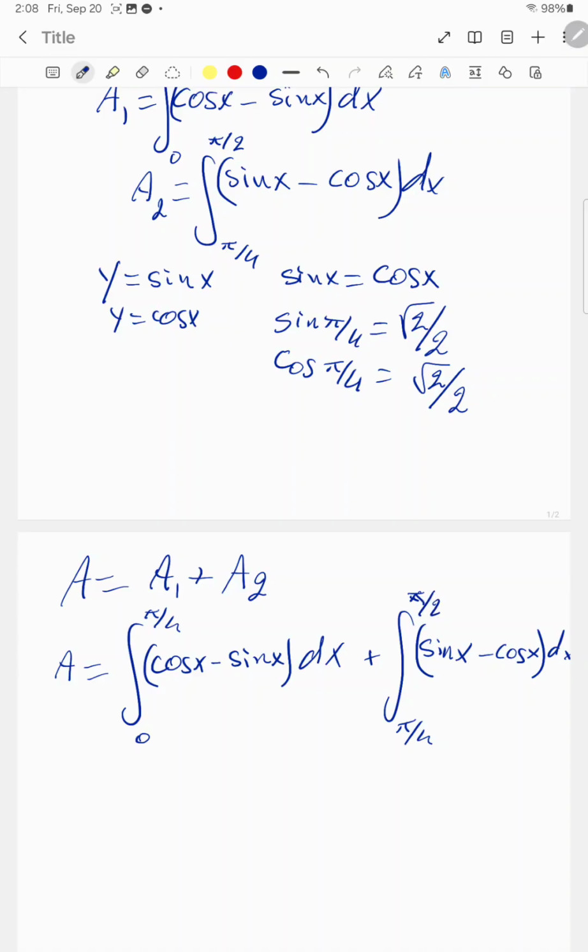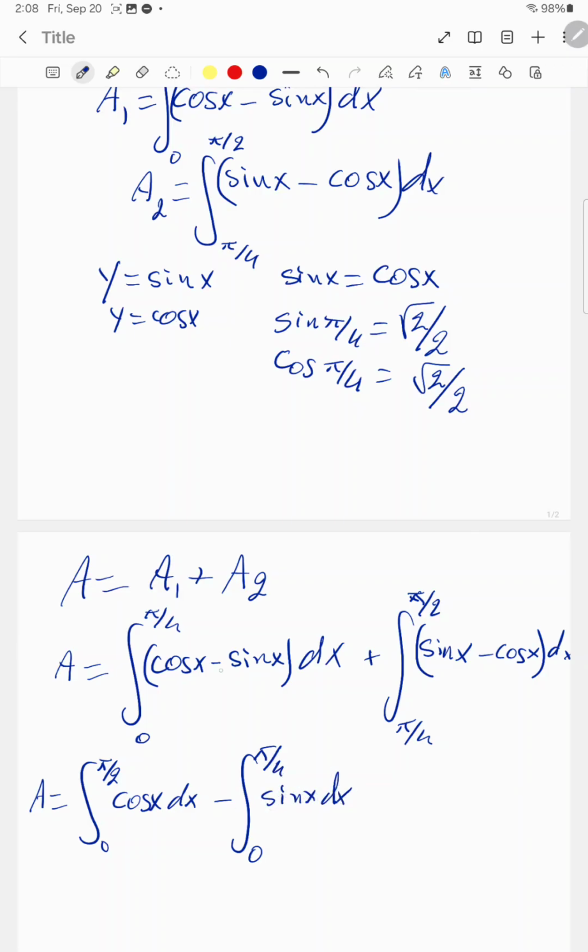Because I have minus here, I can separate it into many integrals. So the area is the integral between 0 and pi over 4 of cosine x dx minus the integral between 0 and pi over 4 of sine x dx.